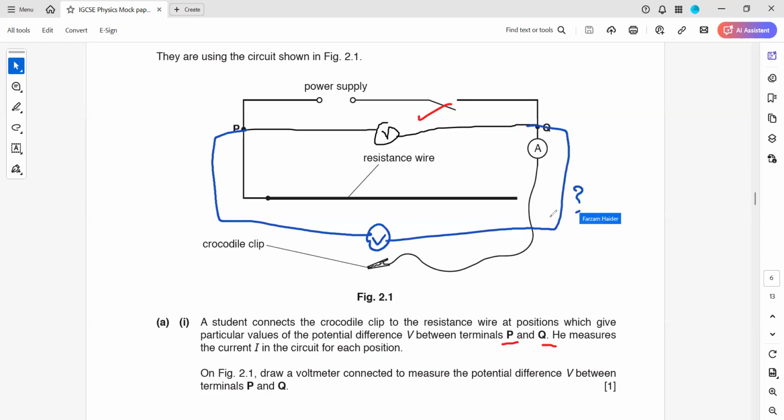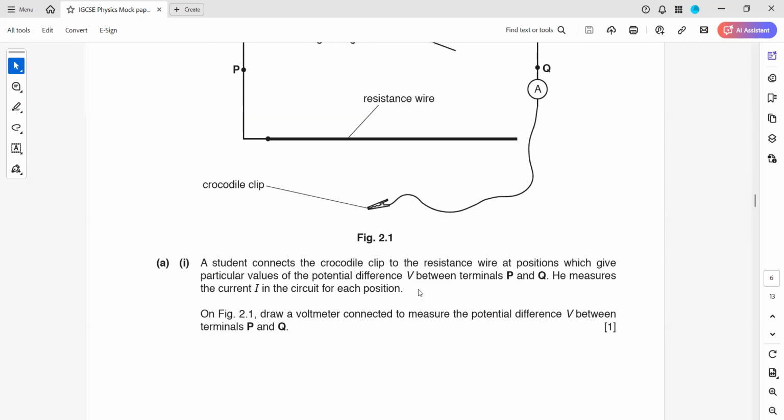But when you are crossing 2 wires, you should make a bump here. When 2 wires are crossing each other, to show that they are not intersecting, there should be a bump. Yeah, this is also a right way, but it should be between P and Q only.